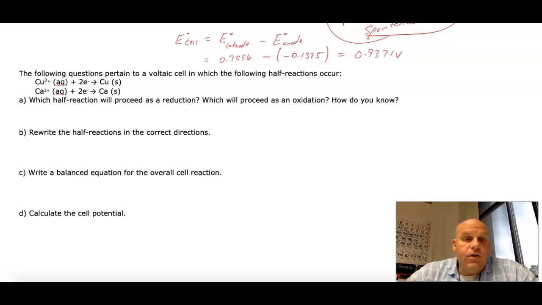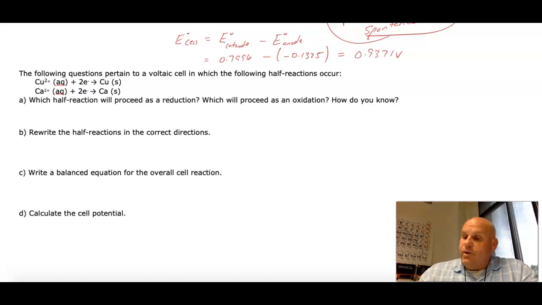Okay, so you can see this one's a little different. I do not have a reaction, so I cannot determine the half reactions and determine what is being oxidized and reduced in that fashion. I do not have a cell diagram or cell notation to determine what is oxidized and what is reduced. I just have two half reactions.